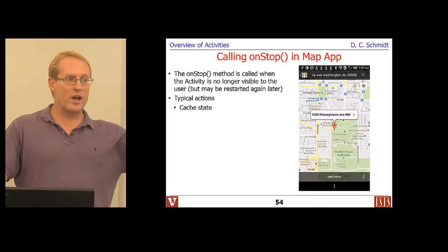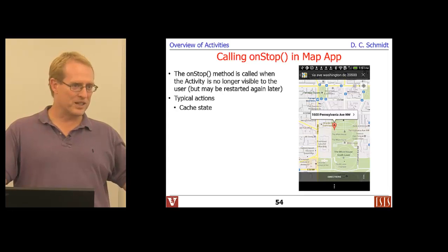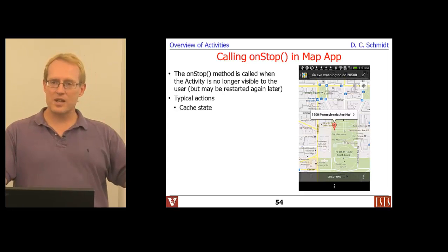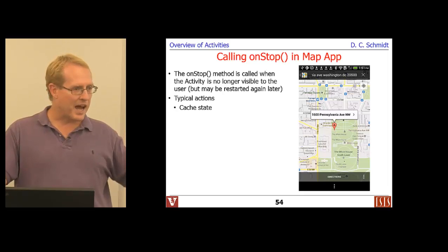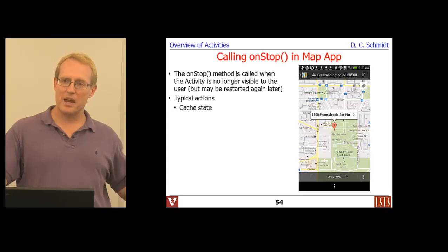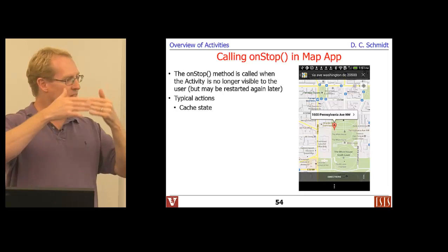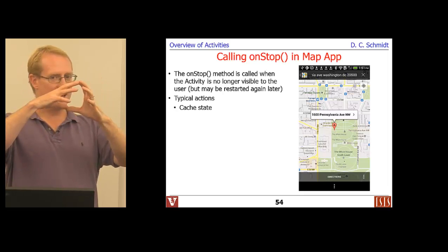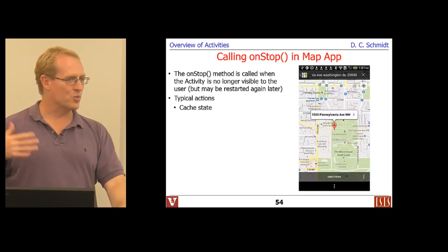If you're actually going to go away altogether, if your display is going to be completely occluded or completely blocked by another activity, then the OnStop method is called on the previous activity. And the idea there typically is to cast away any state that you may need so that when the activity that's blocking you goes away, you can go ahead and resume and restart what you're doing and have it look like it was when you left off.